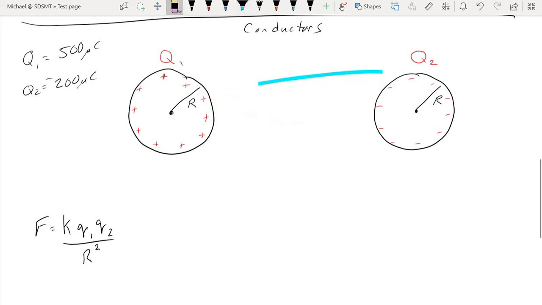And we don't have that long. So we need to find a better, more efficient way of using Coulomb's law.